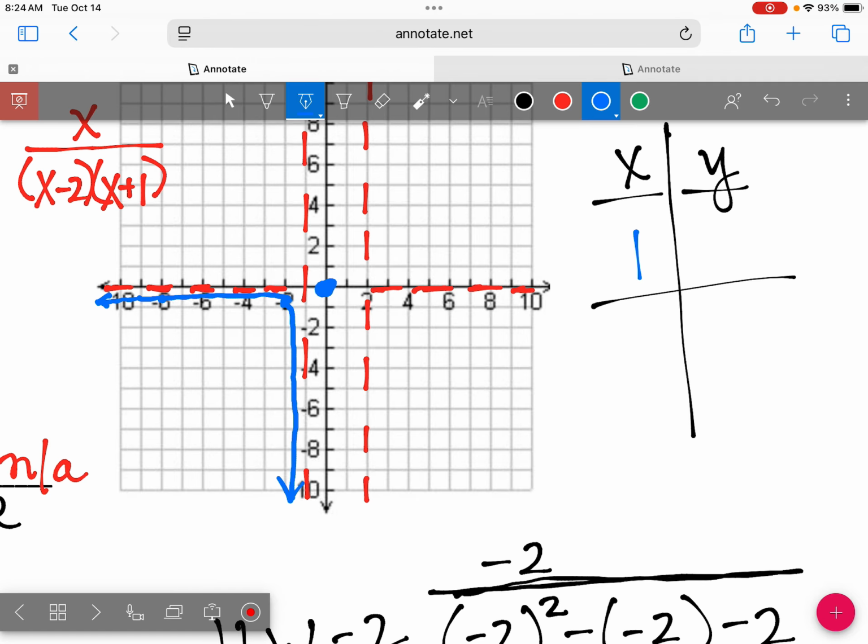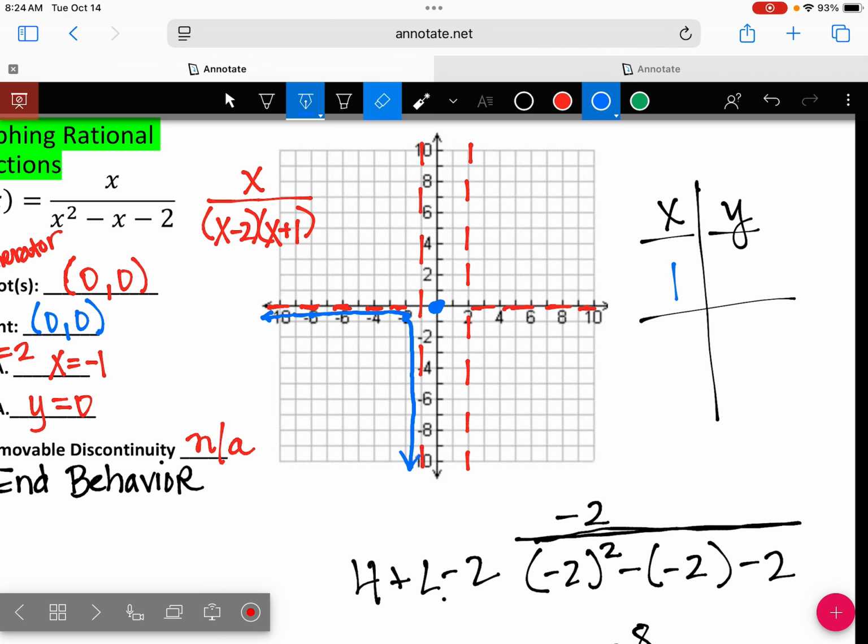So when we do 1, go ahead and substitute that in. So 1 minus 1 is 0, so that'd be negative 1/2. So I got negative 1/2.